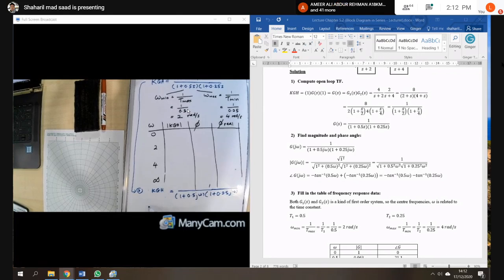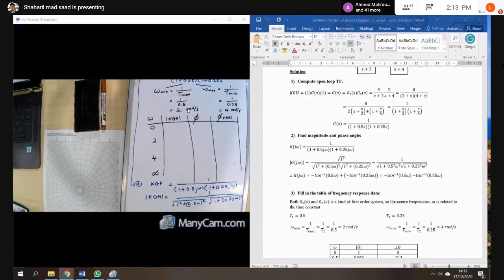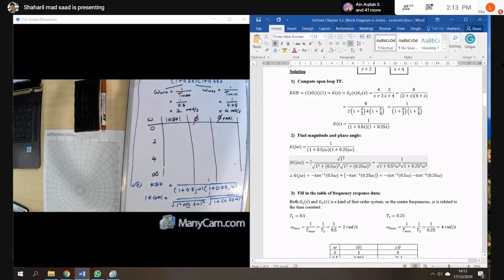And then you want to find the magnitude. That's 1 over square root of 1 squared plus 0.5 omega squared, and then square root of 1 plus 0.25 omega squared. So try to find out the equation like this one.